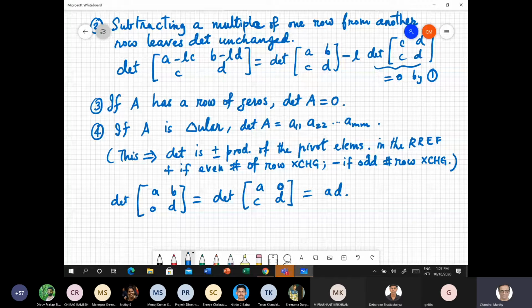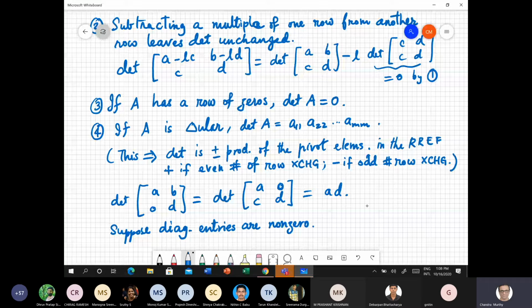Okay, now for this property, to see that if A is triangular, then determinant of A is the product of the diagonal entries, one way to see that is suppose the diagonal entries are non-zero. Okay, then you have a matrix.